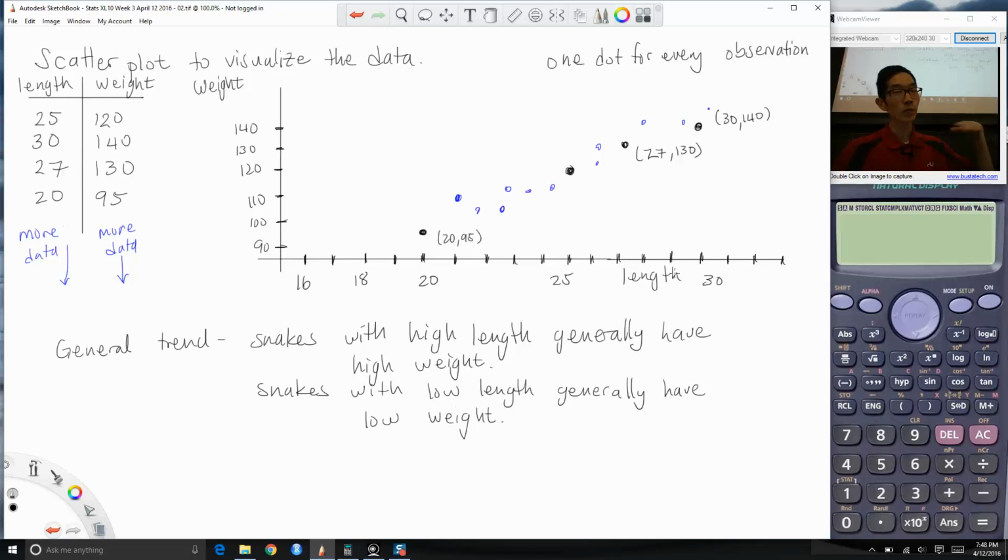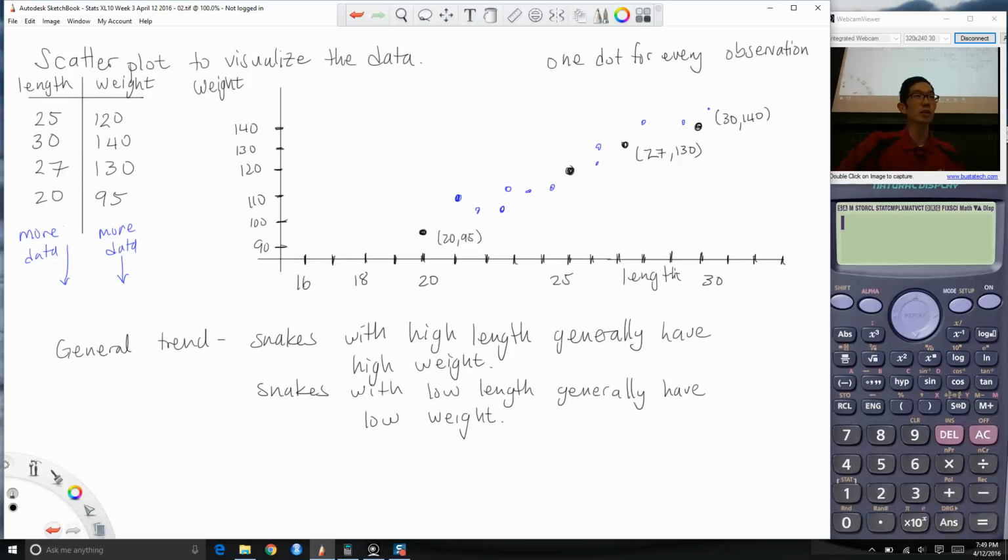We could do the same thing for our classroom, and ask you how tall are you and how much do you weigh? Every student here would have a height and a weight associated. And we can see, is there a relationship between height and weight? Or we can ask any other questions that would be answered numerically, okay?